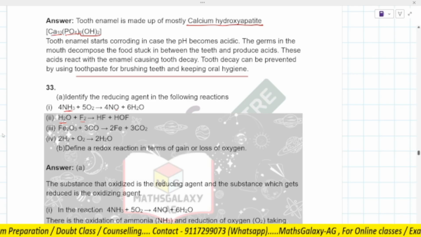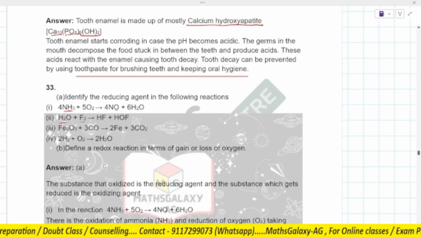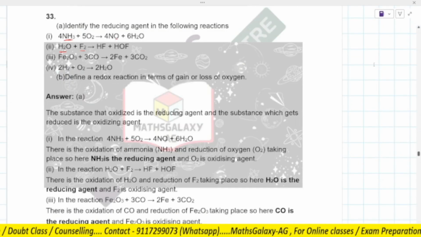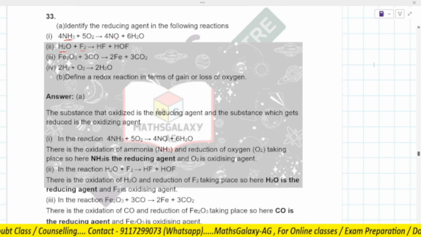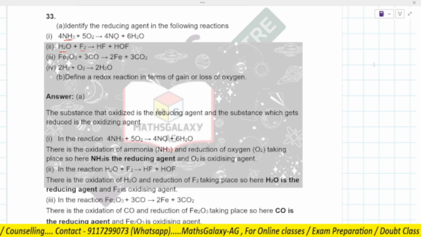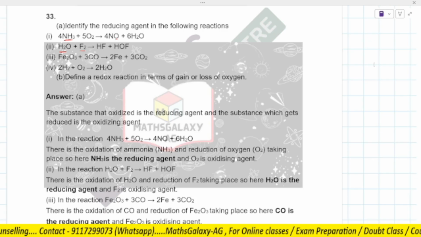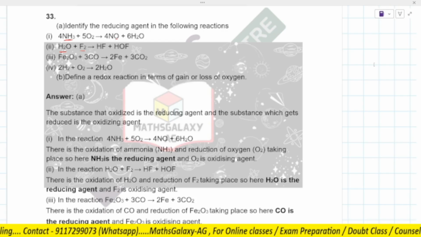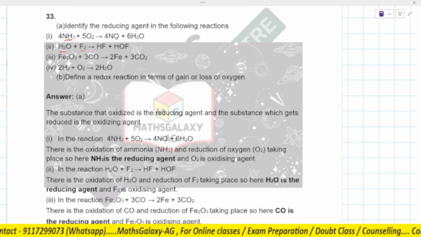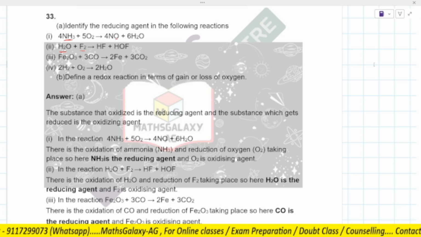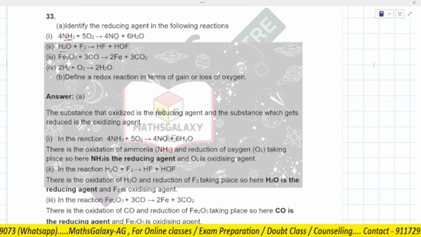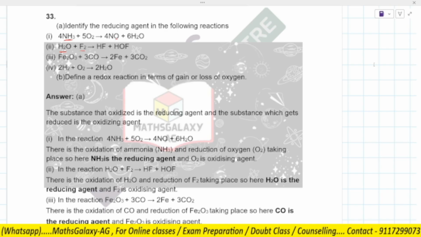Yes. So as you can see here, in the reaction H2O plus F2, it will be HF plus HOF, right? So there is an oxidation of H2O and reduction of F2 taking place. So here H2O is the reducing agent and F2 is the oxidizing agent. Is it clear?